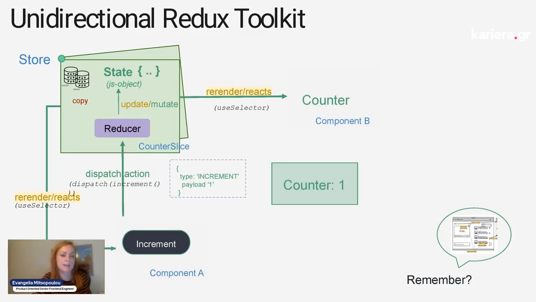We make a copy of the original data, it mutates the value, and then once the counter has been increased by 1, there is the third officer. We can give it a name like the updater, that notifies all the components that are using this value to re-render themselves. So this is how it reacts.